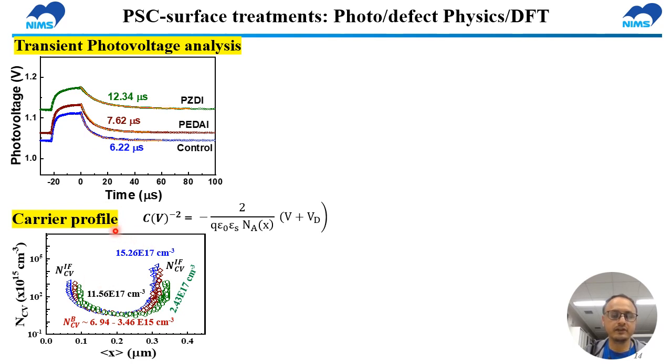To understand the carrier profile, which also reflects the defect or other kinds of carrier distribution, we found that the PZDI treated film has lower CV density compared to the control and PADI treated film. It means the PZDI treated film is effective for defect quenching.